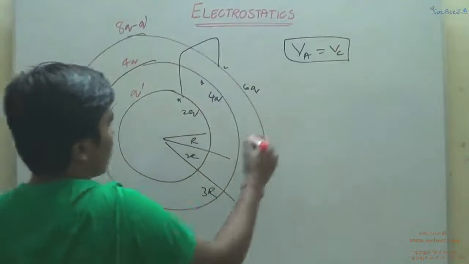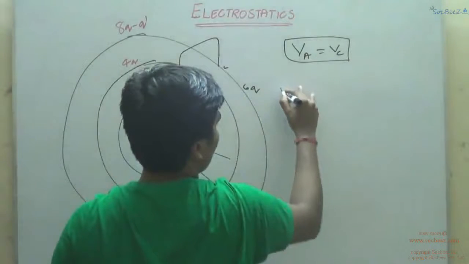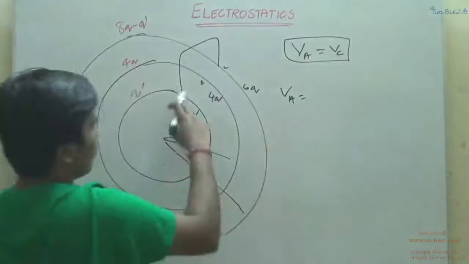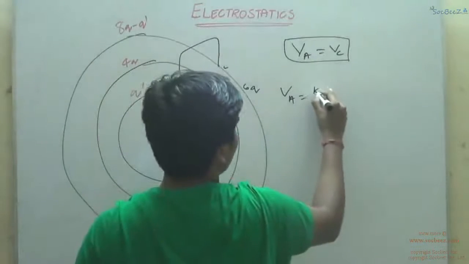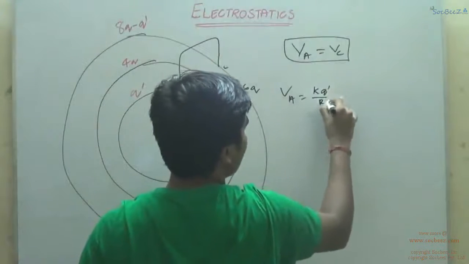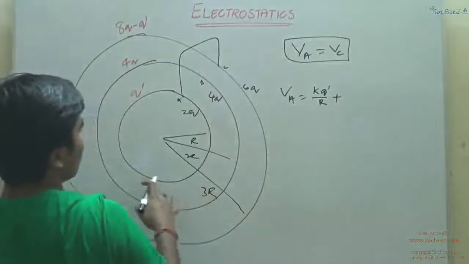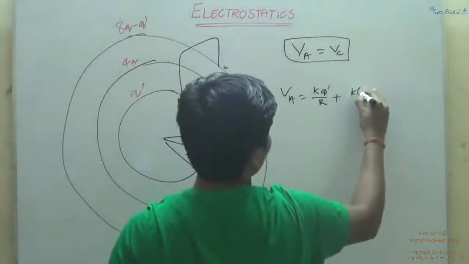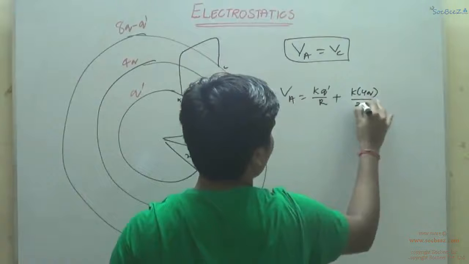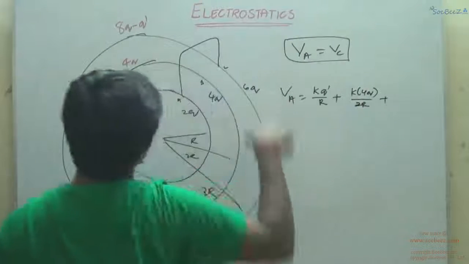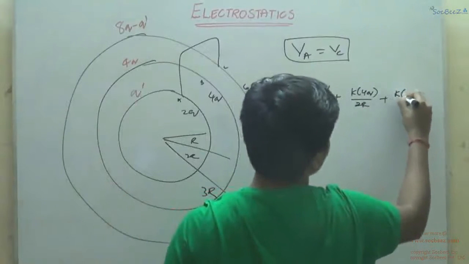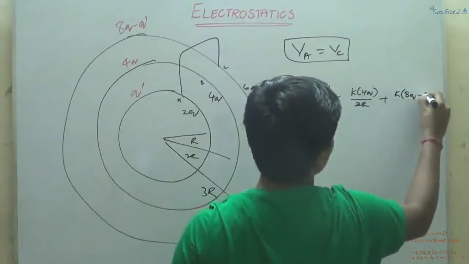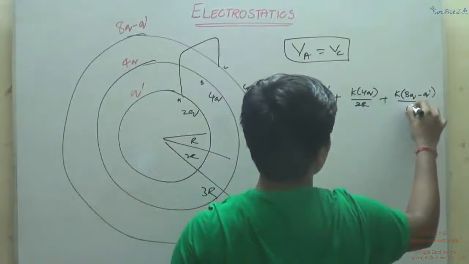So basically, what is the potential of A? See, potential of A is equal to, due to this charge, k times q dash by r, plus due to this sphere, k times 4q by 2r, plus due to the outer one, k times 8q minus q dash by 6r.